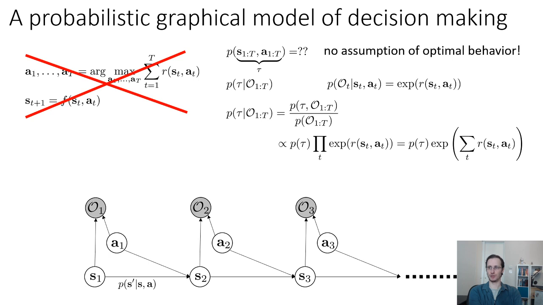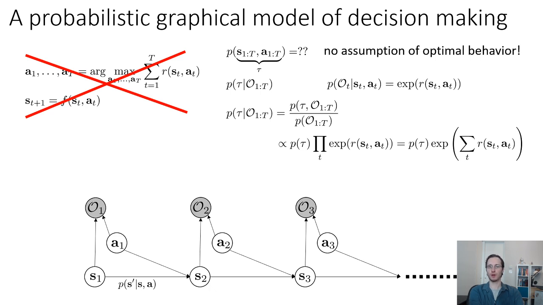I'll just ignore the denominator because I'm only interested in the probability of a trajectory, so I'll write that this is proportional to the product of all of our CPDs, which I'll write as the probability of tau, which just accounts for the dynamics and initial state, times the product of all of these Bernoulli random variable probabilities from time step 1 until T, which basically means we take the product of P of tau and all of the exponentiated rewards over all the time steps. Okay, that seems fairly sensible.